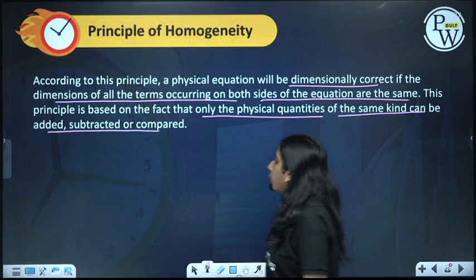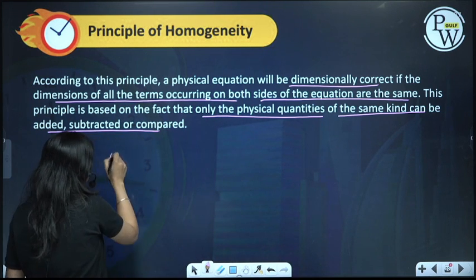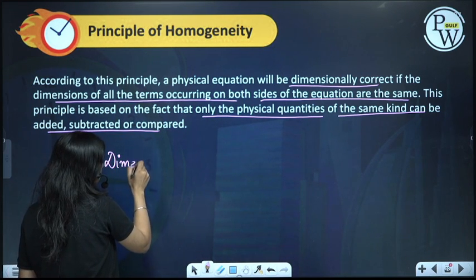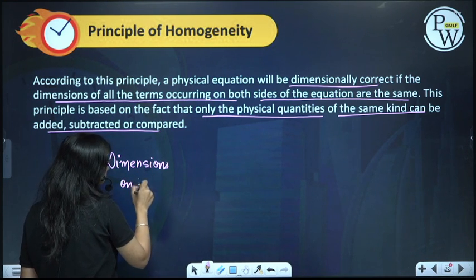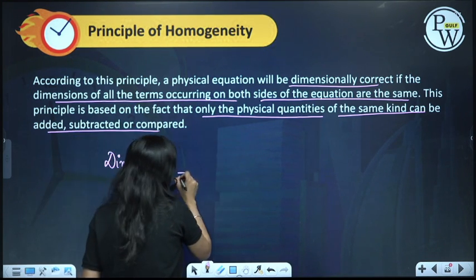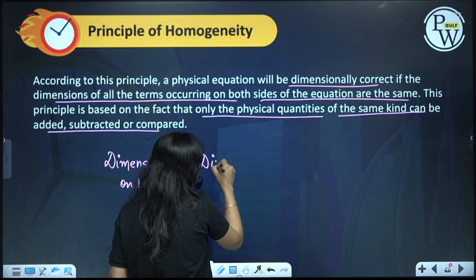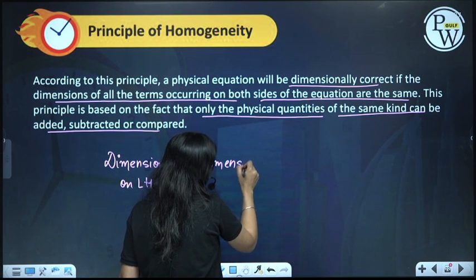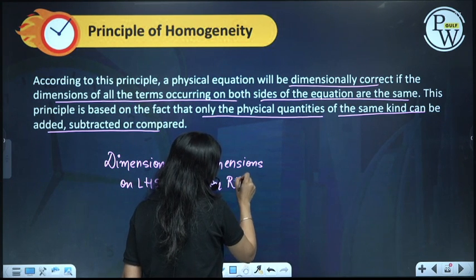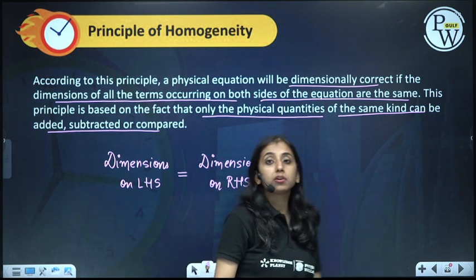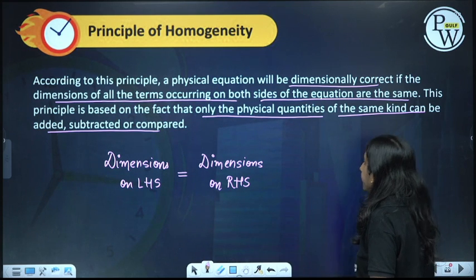Clear? So what we have is that dimensions on the left hand side must be equal to dimensions on the right hand side.